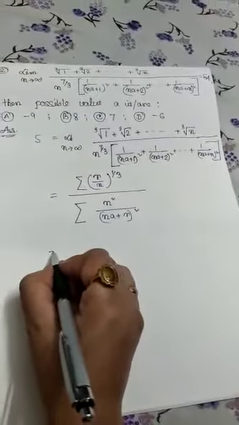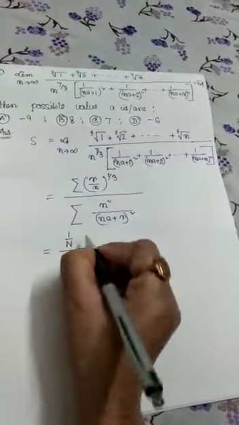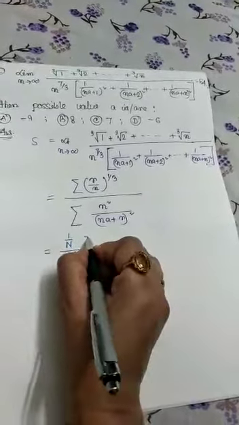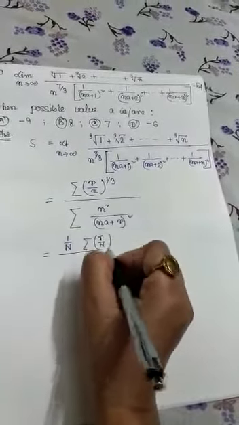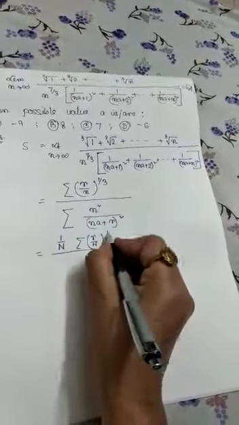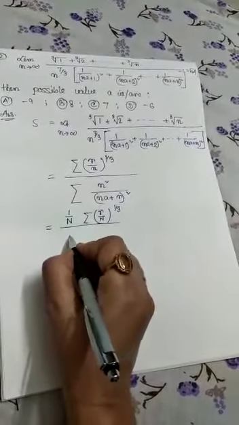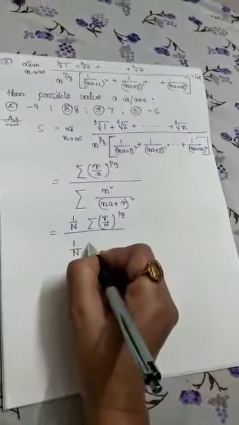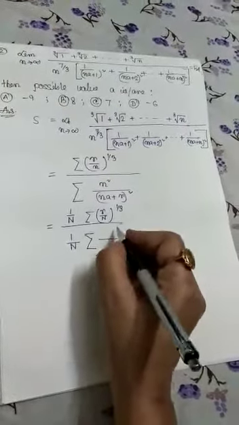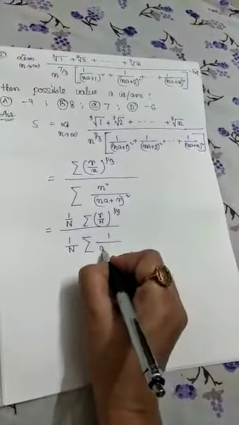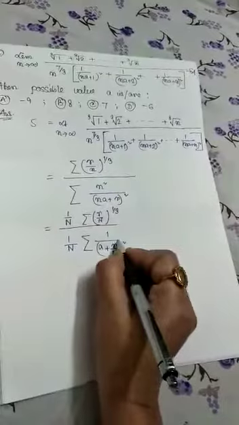That is equal to 1 by capital N summation (r by n) whole to the power 1 by 3, times 1 by n summation 1 by (a plus r by n) whole square.